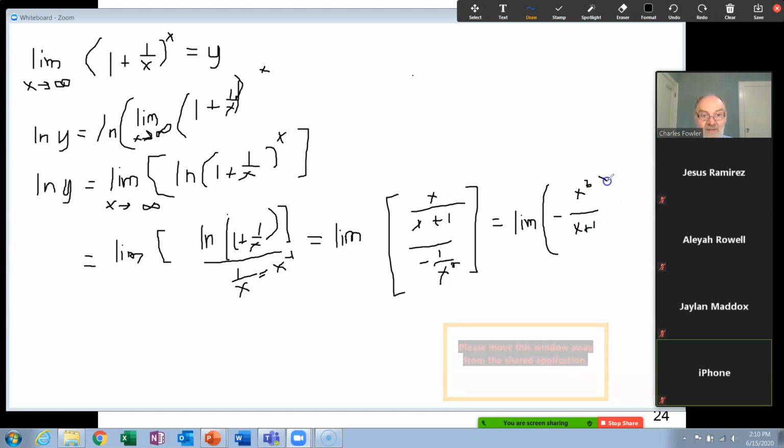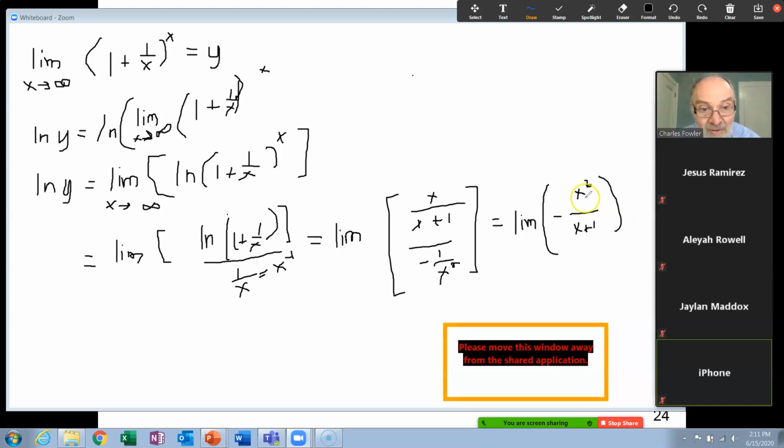Okay. Hold the phone right there. What is the limit of that as x is approaching infinity? Okay. Divide numerator and denominator by x cubed, and this will give you a 1. This is going to give you 1 over x squared. This will give you 1 over x cubed.